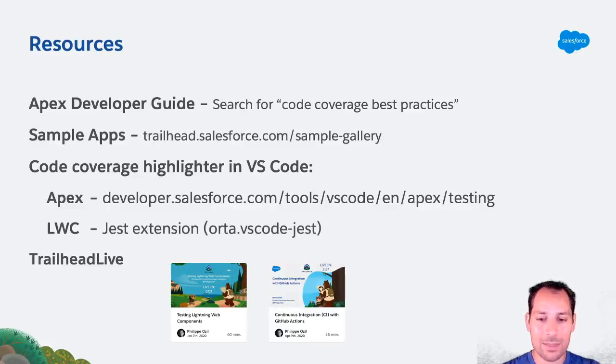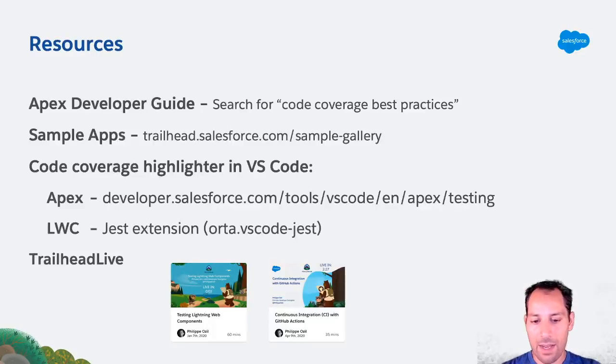I mean, it's not hidden, but it's hard to find. So developer.salesforce.com/tools/vscode/en/apex/testing. This will tell you the different steps on how you can toggle that little setting to retrieve code coverage and activate the highlighter for the Apex extension for Visual Studio Code.